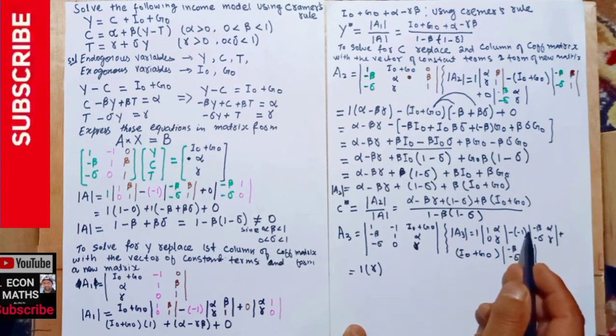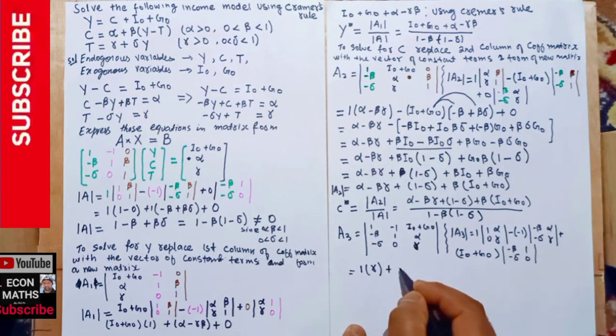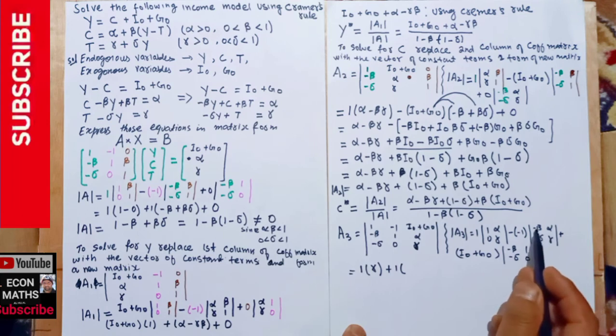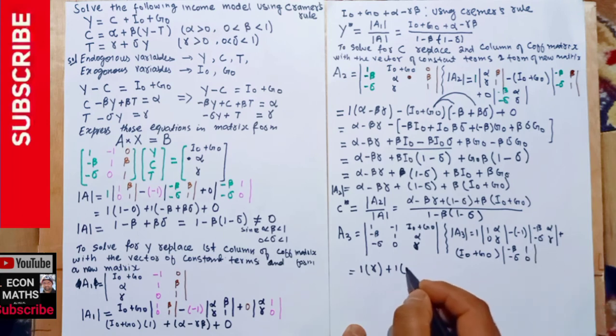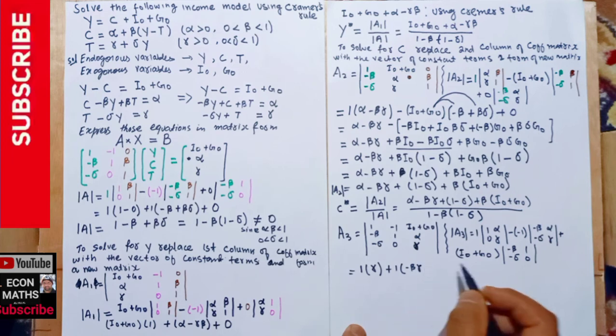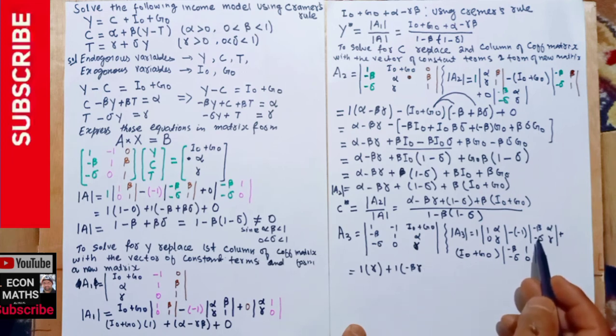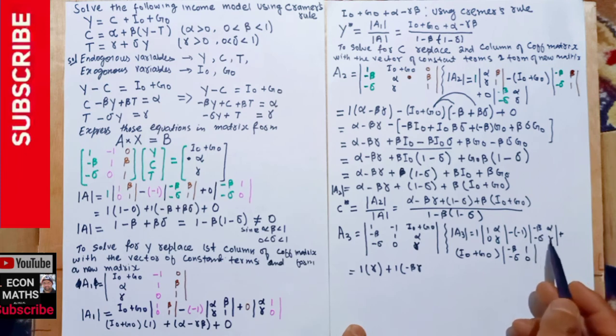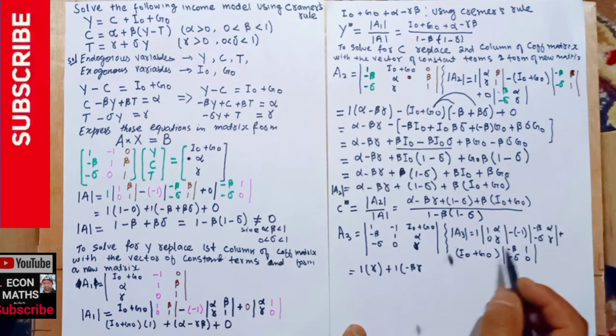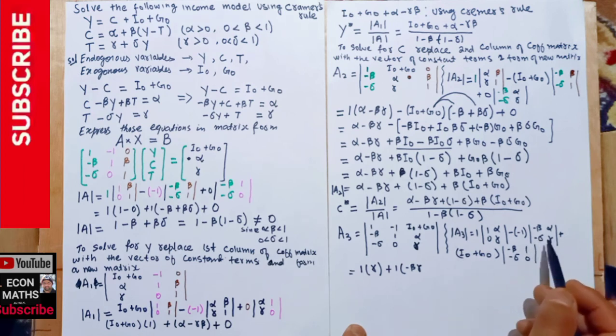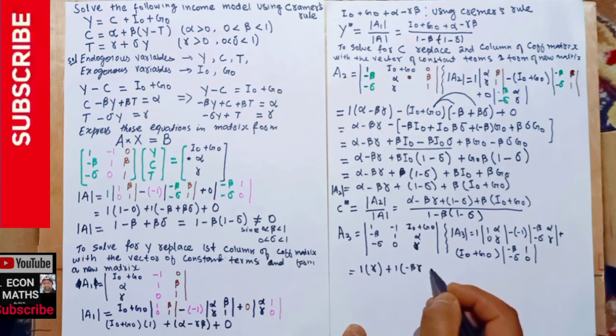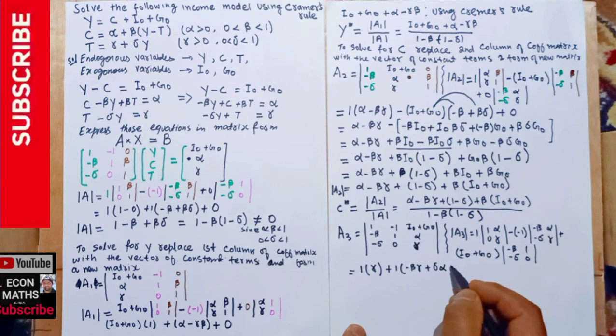Now minus is here, plus, so I will write plus 1. Now this is minus beta into gamma, so I will write minus beta into gamma. Now this minus and this minus will become plus, because of the multiplication, so this is plus delta alpha.